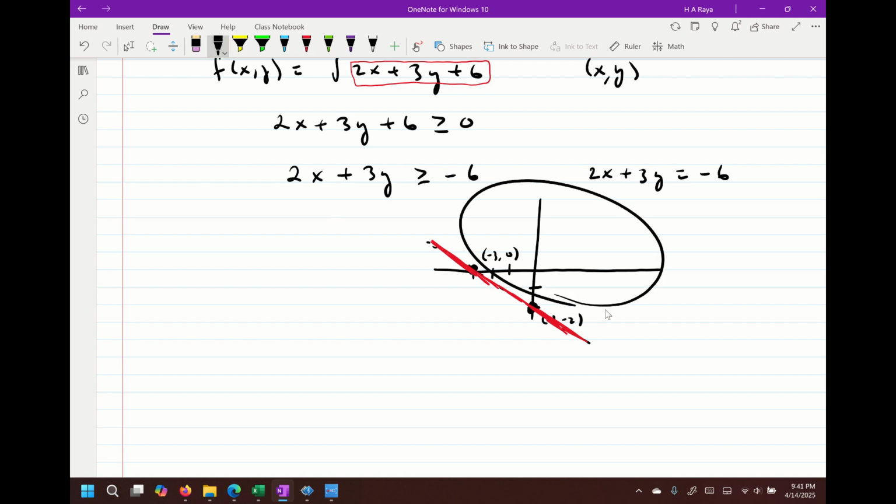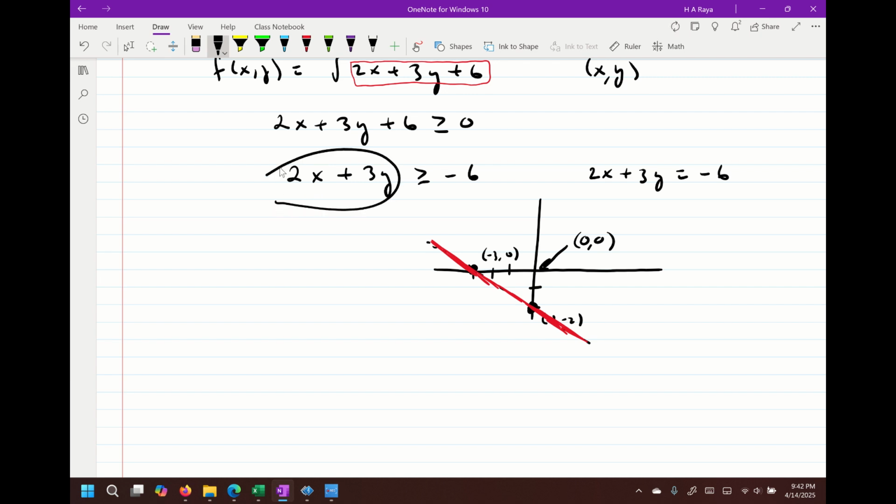Can you give me a point up here somewhere that might be convenient to plug in? You can plug in 0, 0 if you like, right? That's an easy one to plug in. When you plug in 0, 0 into the left-hand side of our computation here, is this a valid inequality? On the left-hand side, we'll have 0.